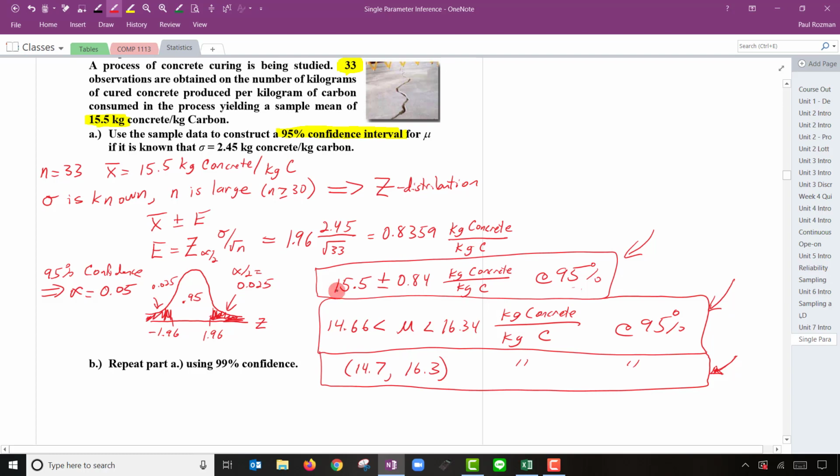They definitely would understand the first one because it doesn't have any math symbols in it except for plus or minus. So I think that's why it's preferred over the other two. Personally, I like the second version because it shows me that you know what you just estimated. We didn't know what mu was. We figured out what x bar was, and now we think that mu is somewhere in this interval. We're 95% confident in this. We might be wrong.